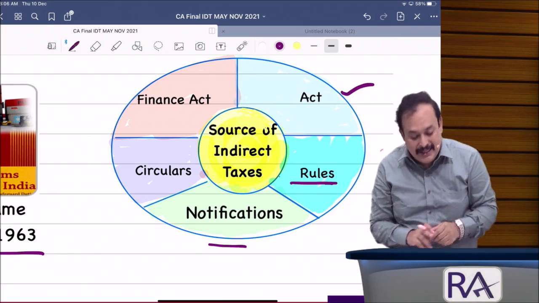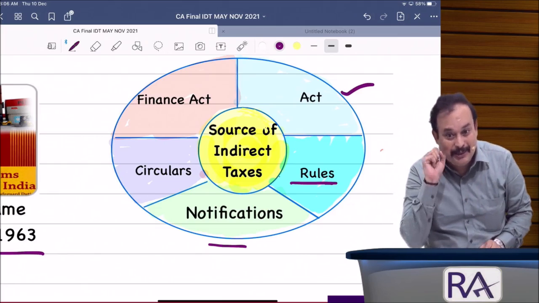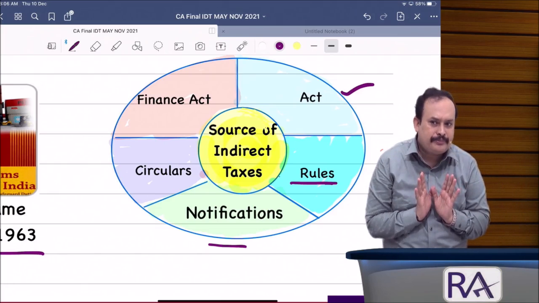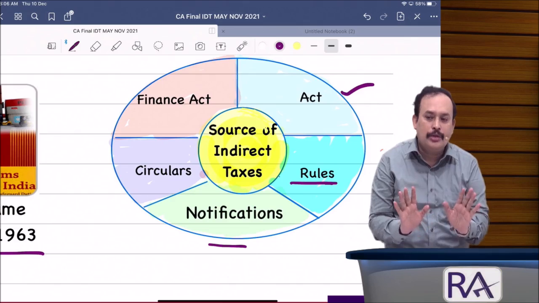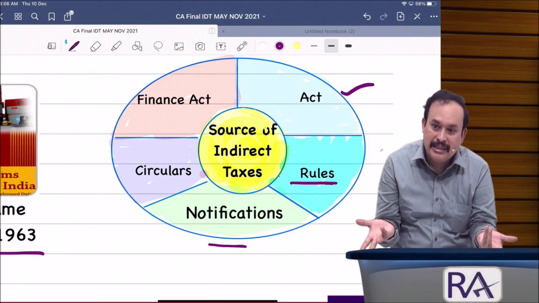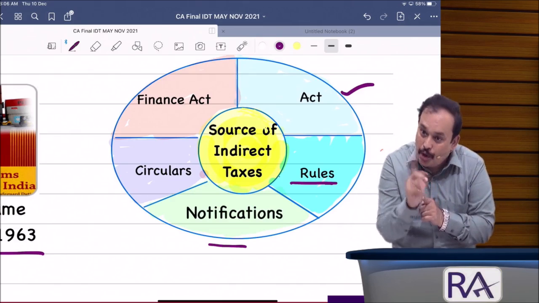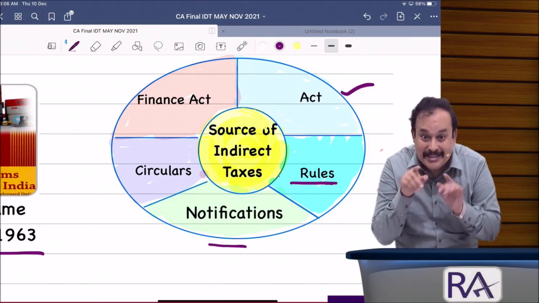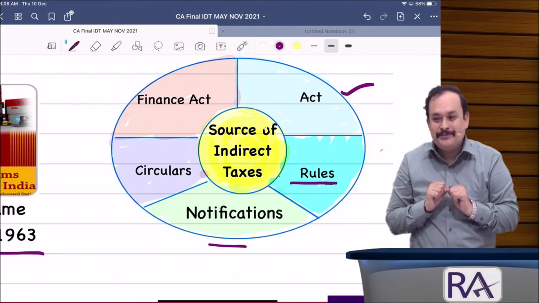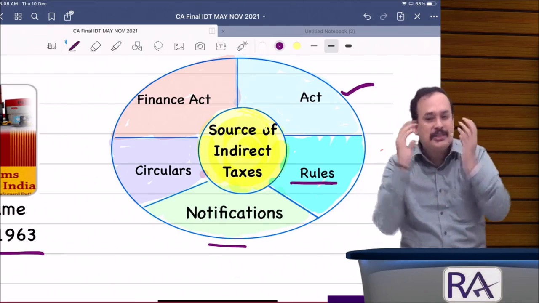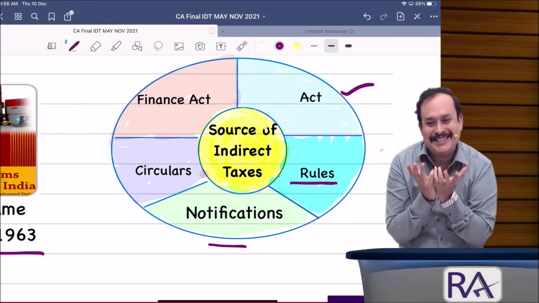That means, be careful, this is a fundamental aspect, my dear. If the Government of India simply issues the notification, it is not going to work. The reason is that a corresponding notification should also be issued by the state governments. Understand? Because our GST structure is what? Dual taxation.